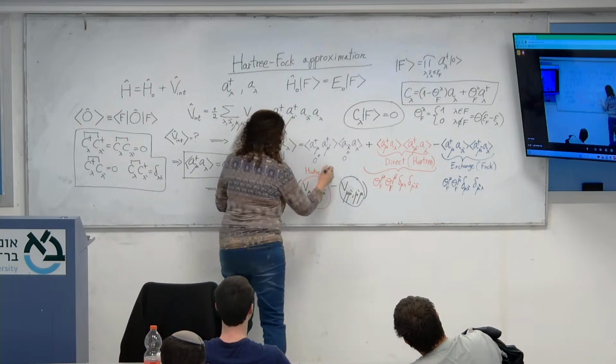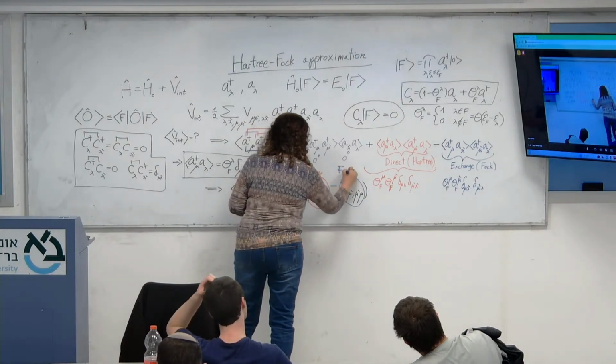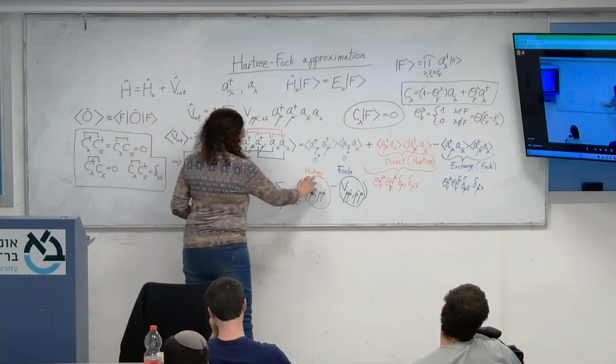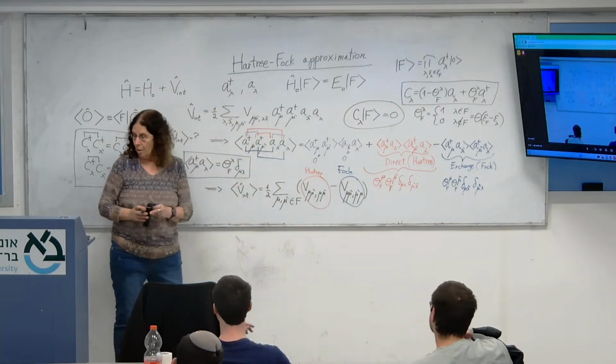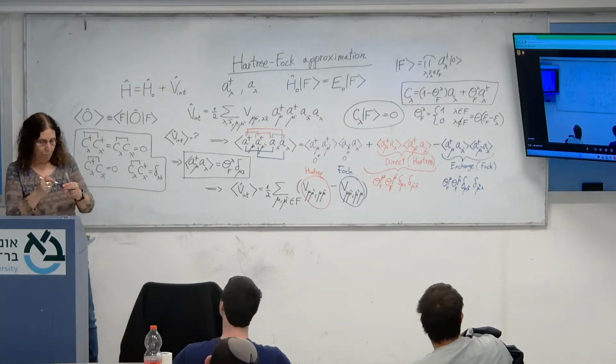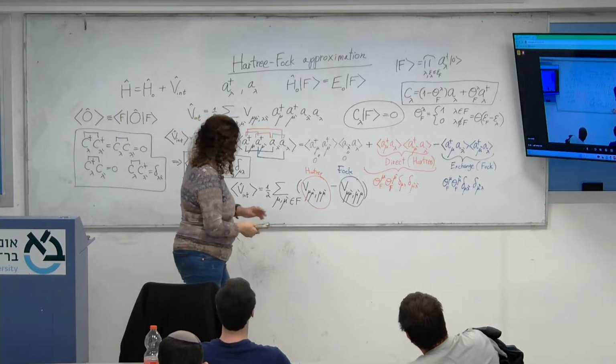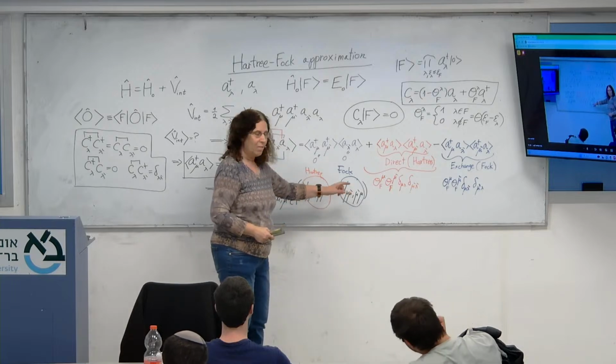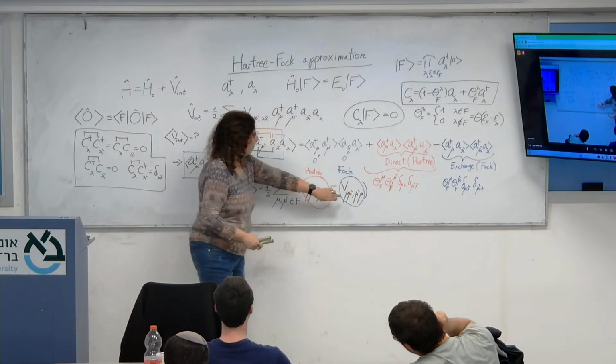And this is why it's called a Hartree-Fock approximation, because there are two terms. Now notice that actually in some cases these are different matrix elements.